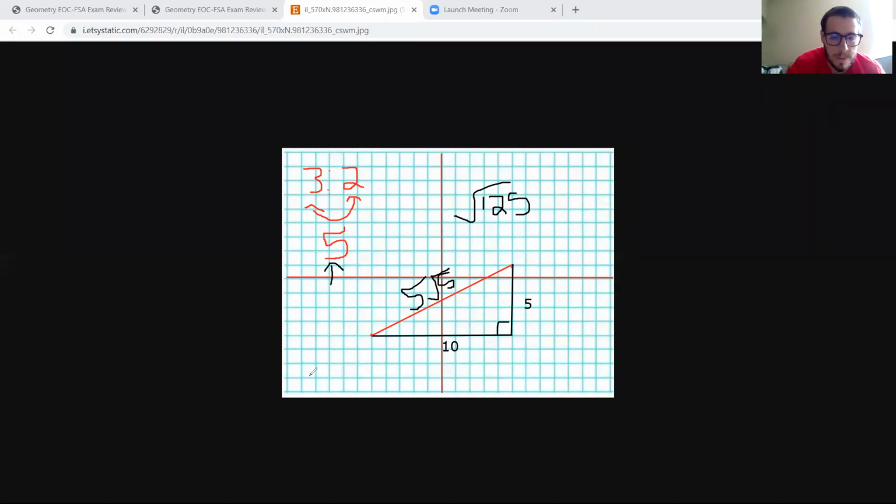So remember, that's just √5 plus √5 plus √5. Now, the reason we're doing this is because we want to break it into a ratio of 3 to 2. So I want to do 3 of these on one side of the line and 2 of them on the other.